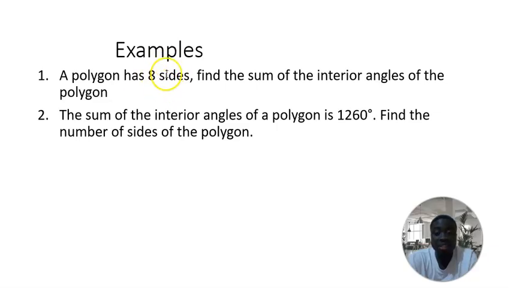This one they give us the number of sides, but that one they have given us the sum of the interior angles. That means that they worked with some particular number of sides and they got this 1260 degrees. So they're only asking you to find that n they used to get this 1260 degrees.